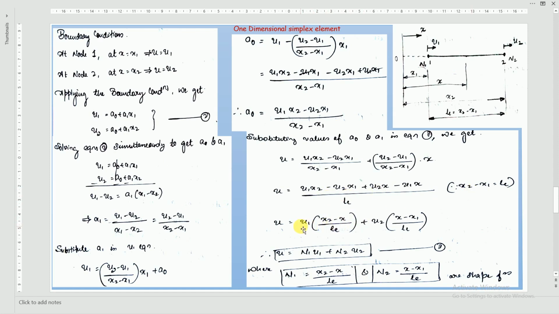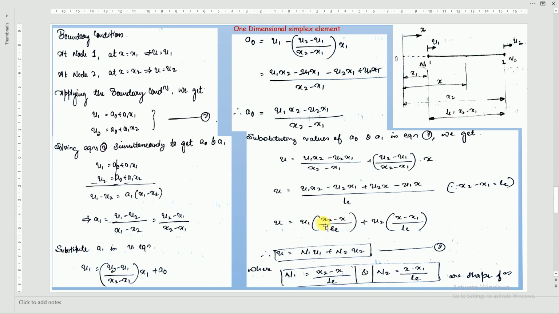If you take u1 common, what will you get? x2 minus x. So u1 times x2 minus x divided by LE, and when you take u2 common, you will get x minus x1 divided by LE. So this is your equation.